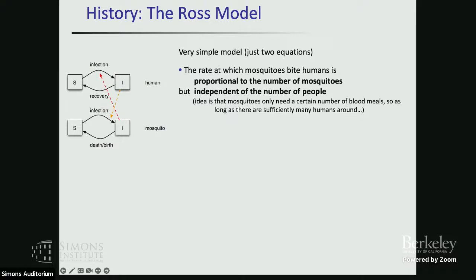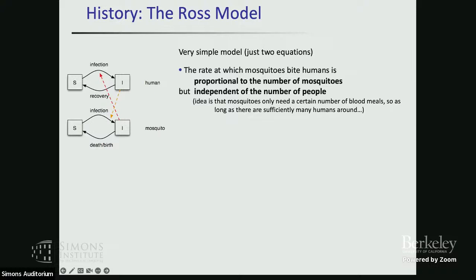And there's a key point in these mosquito-borne disease models. Transmission depends on mosquitoes biting people. The rate at which mosquitoes bite humans is always assumed to be proportional to the number of mosquitoes, which makes sense. The more mosquitoes there are, the more bites that'll happen, but independent of the number of people.